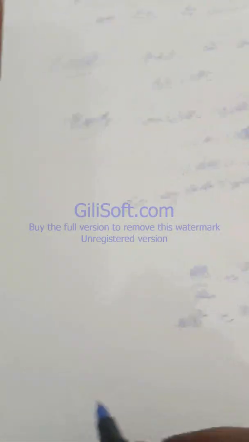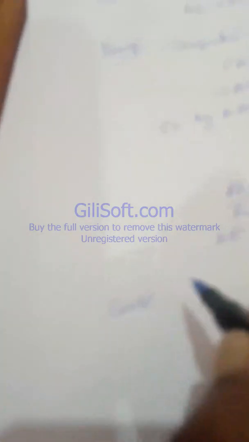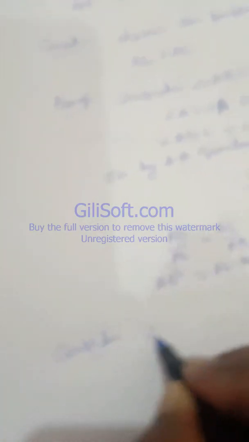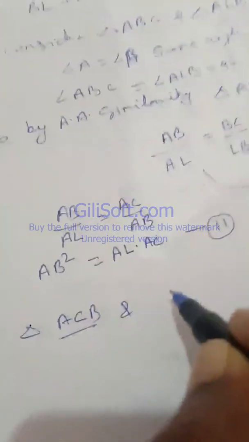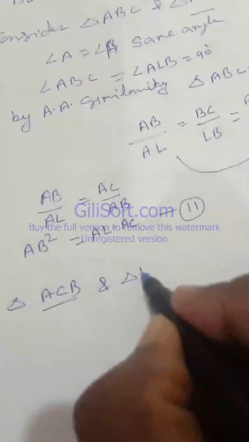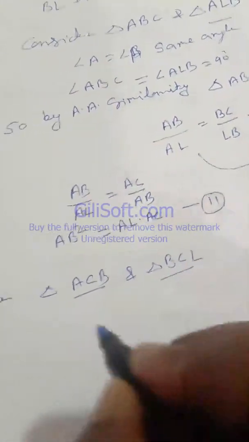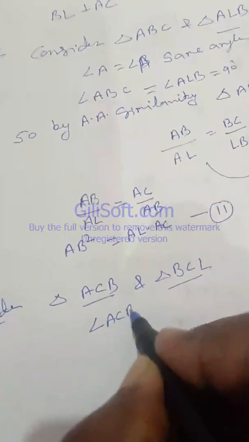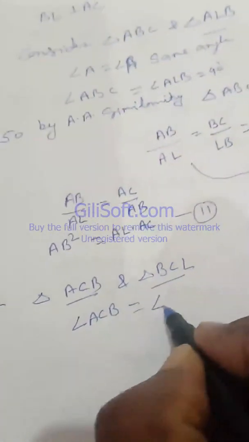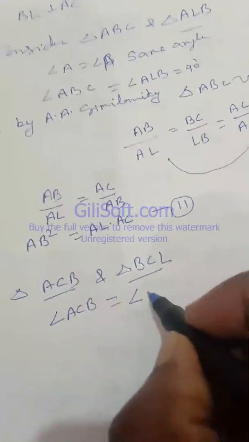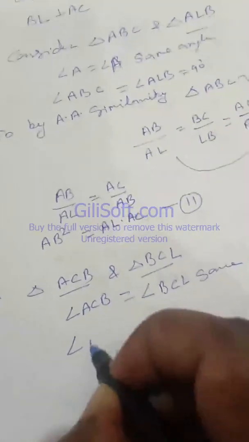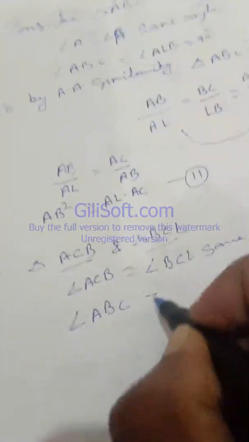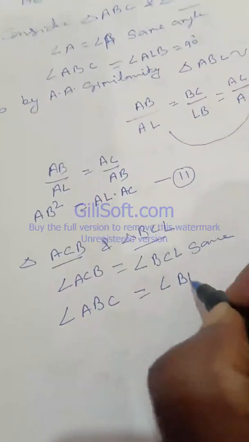Now again consider triangle ACB and triangle BCL. Angle ACB is equal to angle BCL, the same angle. Angle ABC is equal to angle BLC, which is equal to 90 degrees.